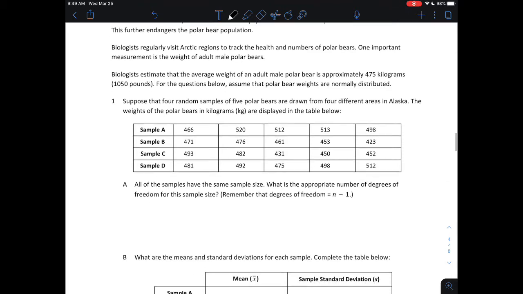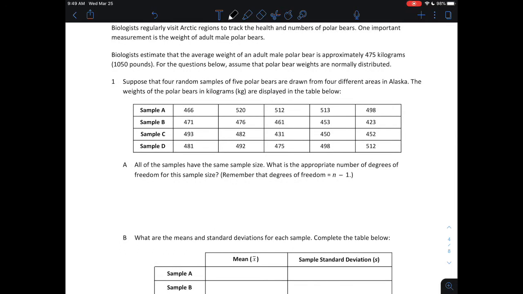Part A. All of the samples have the same sample size. What is the appropriate number of degrees of freedom for this sample size? So first of all, the sample size is how many bears in each sample. So sample size would be 5, and we could also say that's n equal to 5.